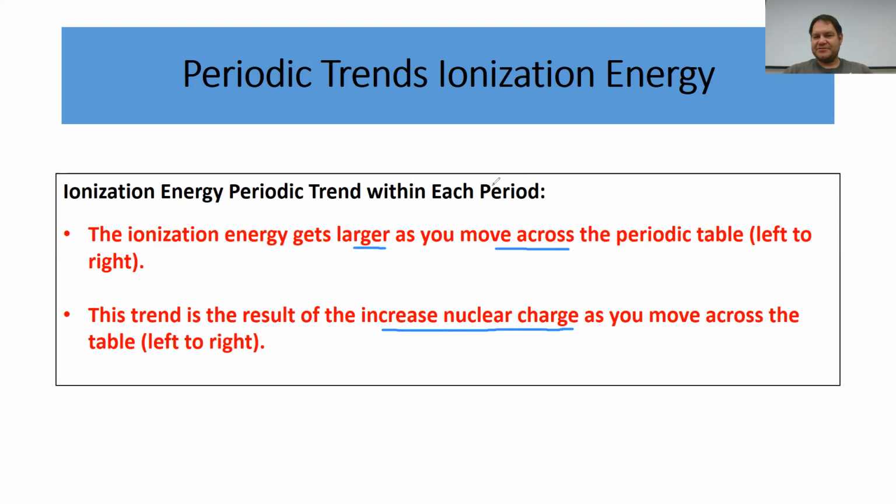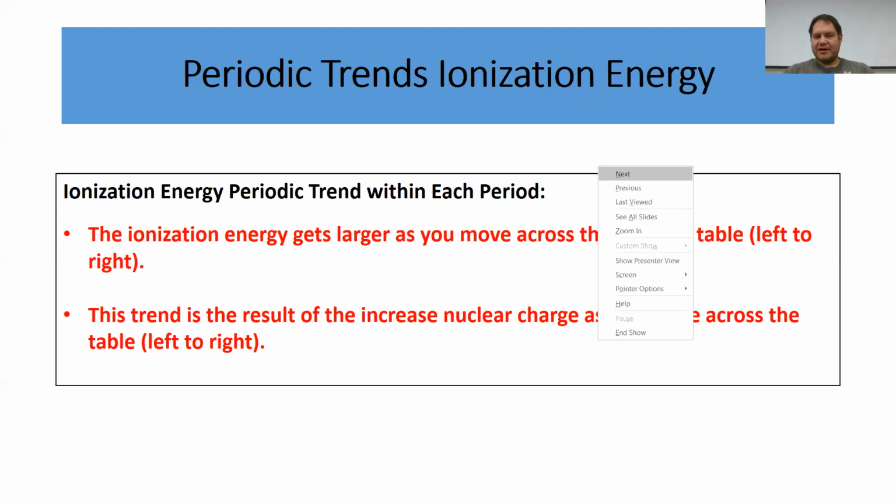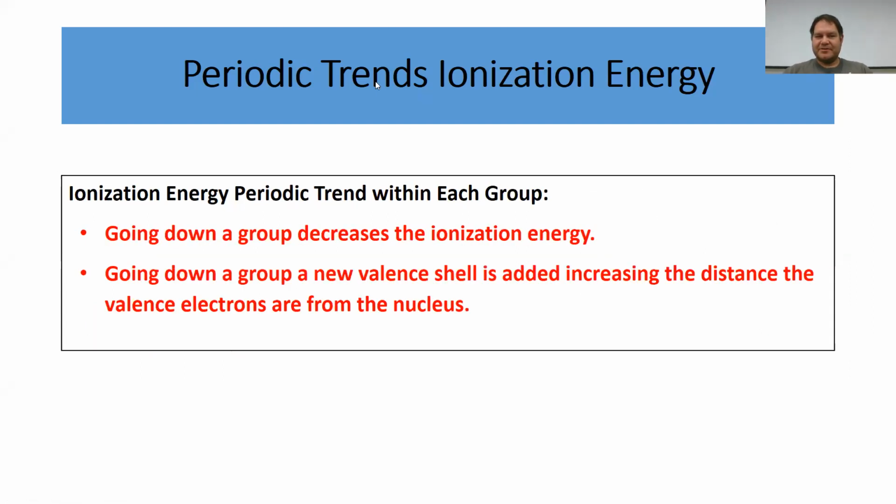First ionization energies. So what's again the trend as we go from top to bottom? As we go down the periodic table, the trend shows that there is a decrease in first ionization energies. Why? Because we're adding a new valence shell every time we go down from one element to the next. Therefore, this increases the distance that the valence electrons are from the nucleus.